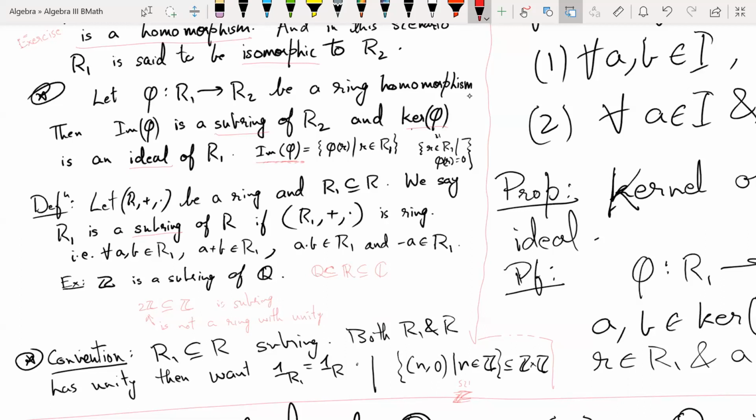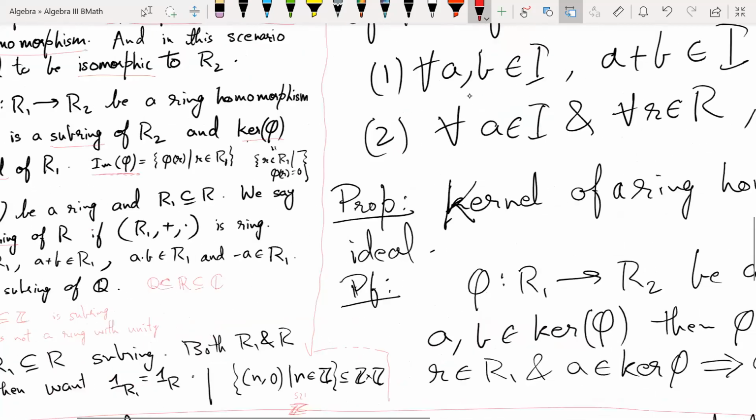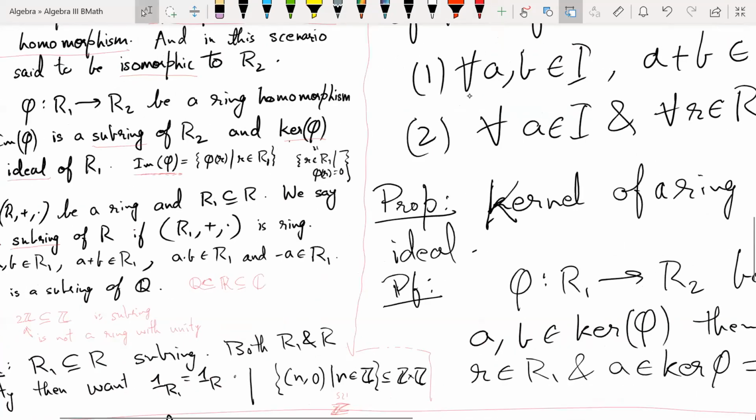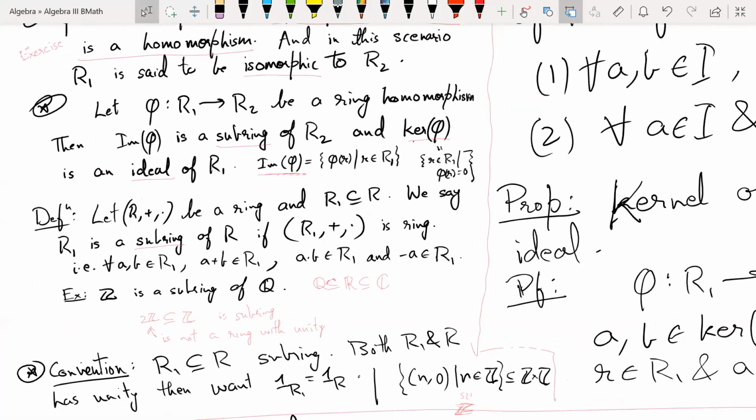Sir, if both the identities are in the subring, then they have to be equal. Yeah, certainly, they will be equal.